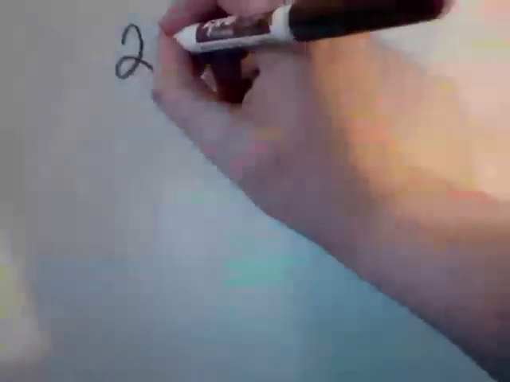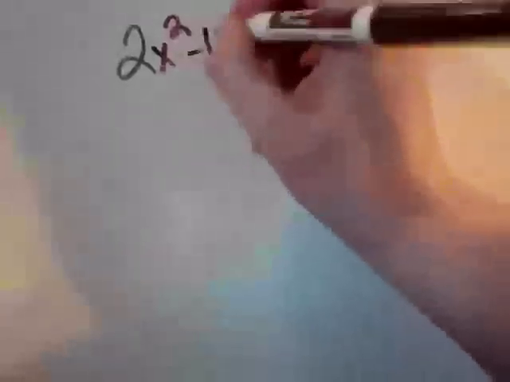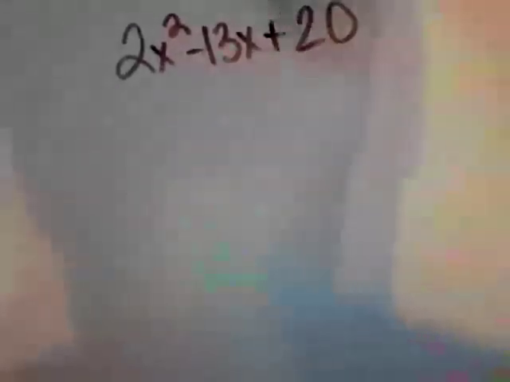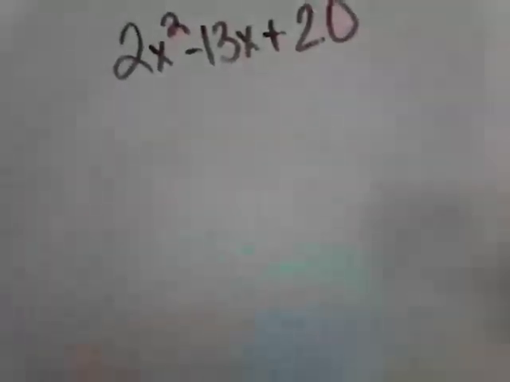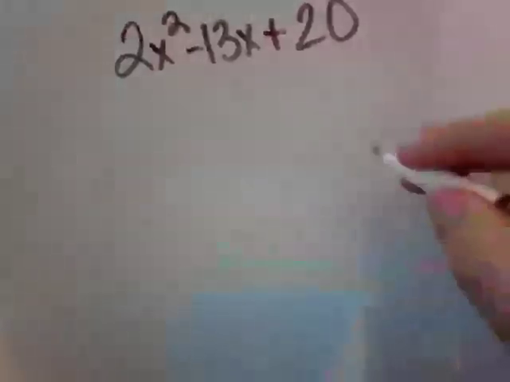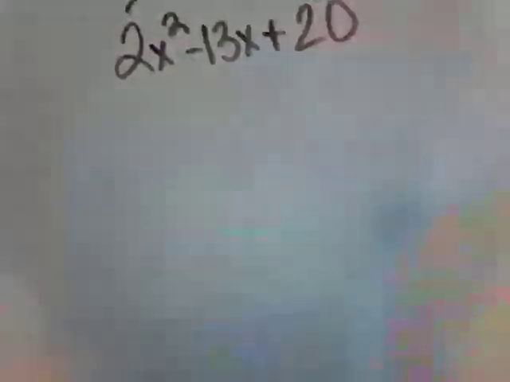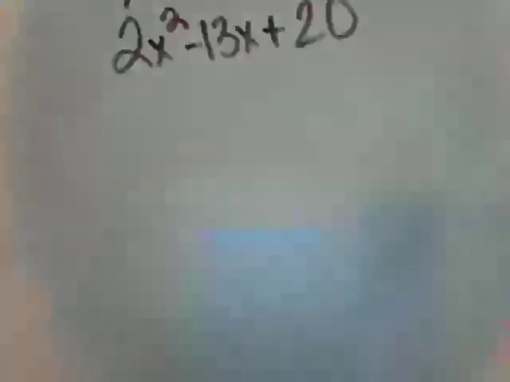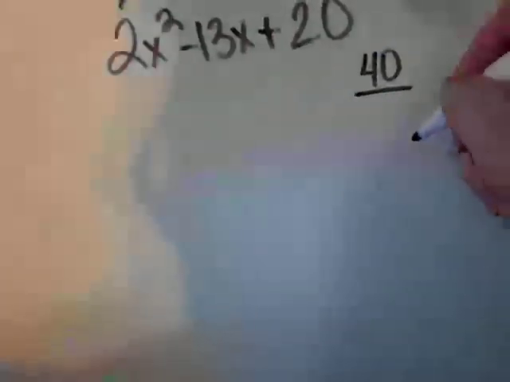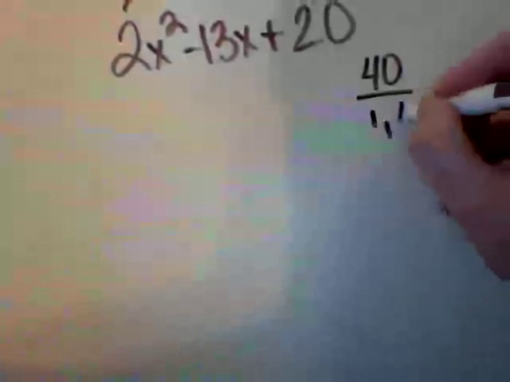I have 2x squared minus 13x plus 20. Okay, so again, we can't just factor out the 2 because of that 13, right? It's not divisible. So we're going to multiply the first term times the last term. 2 times 20 gives us 40. And we made a list of the factors of 40 on that very first problem. Okay, so I'm just going to rewrite that list here.